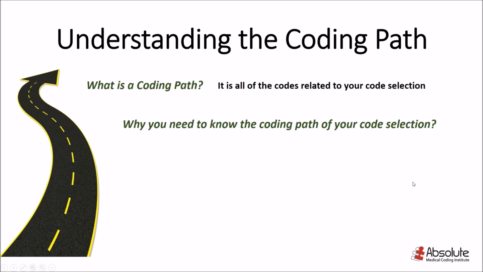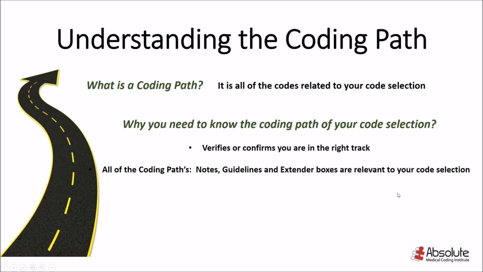Well, it'll verify or confirm you're on the right track, and all of the coding paths, notes, guidelines, and extender boxes are relevant to your code selection. So the student that wanted to know if she was coding correctly, if she understands the path, she'll know it.